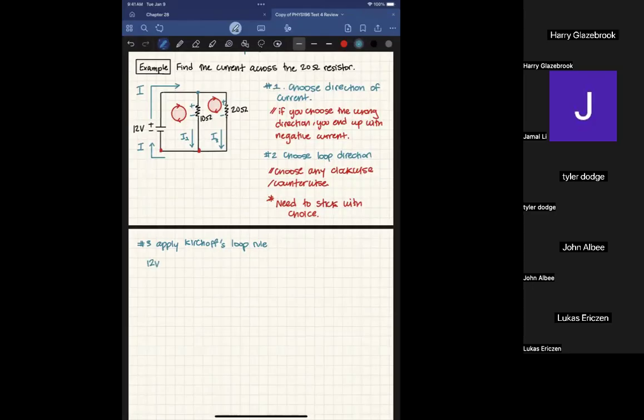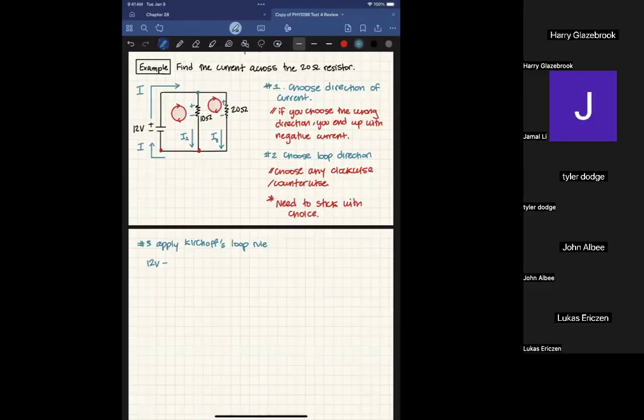I keep walking around my loop. I reach this 10 ohm resistor. It's taking me from positive to negative, and so it's decreasing. So that is negative. And now here's where we use Ohm's law.